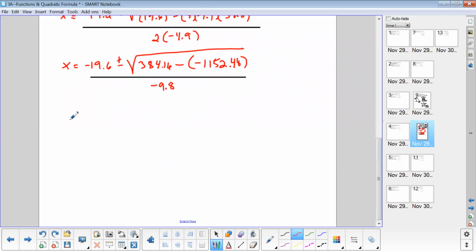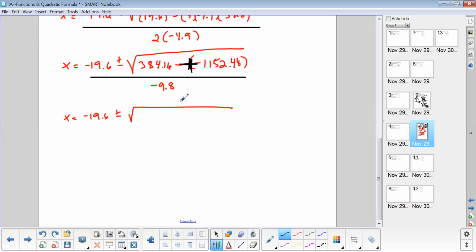So what do I get inside the radical? Well, this is going to be subtracting a negative, so that's going to allow me to add those together.